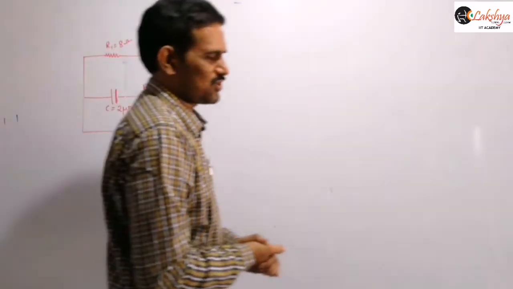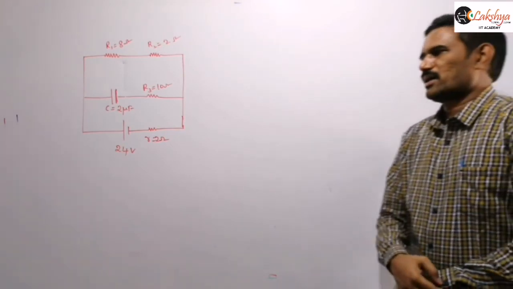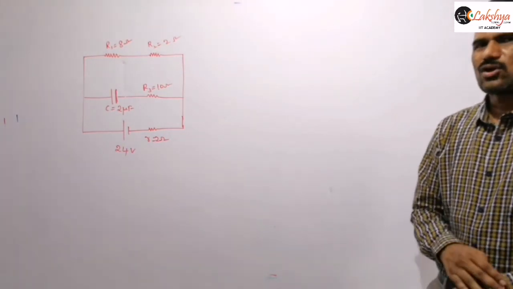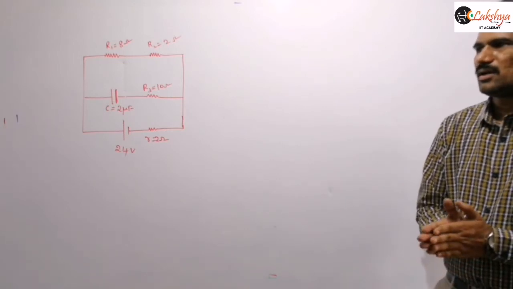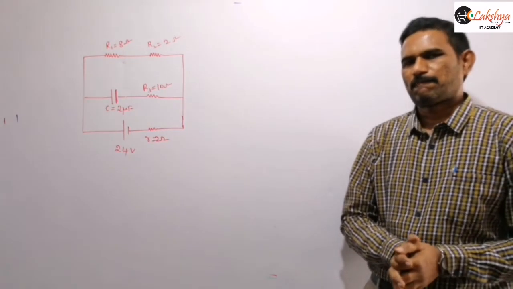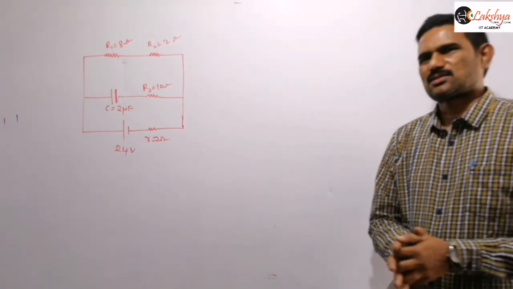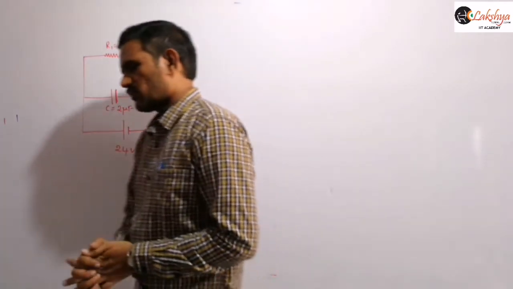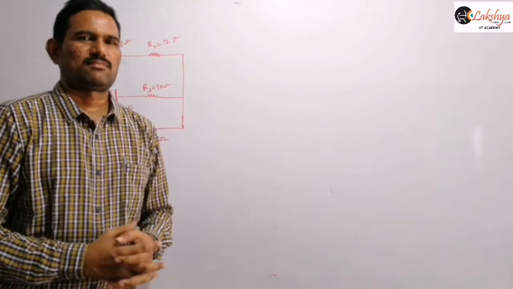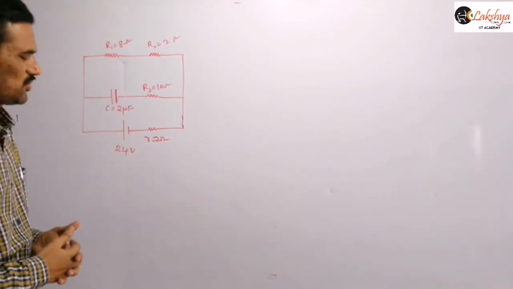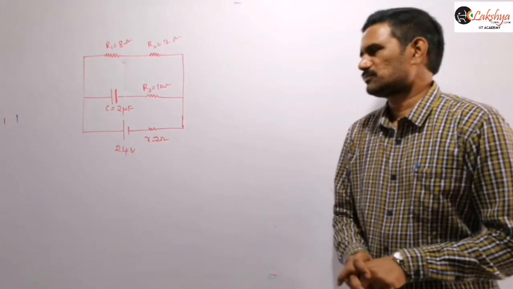So just draw the circuit and write that question. Find the current drawn from the cell, the current flowing through each resistor, and the charge on the capacitor, right?